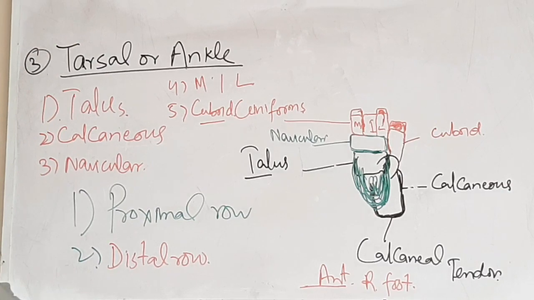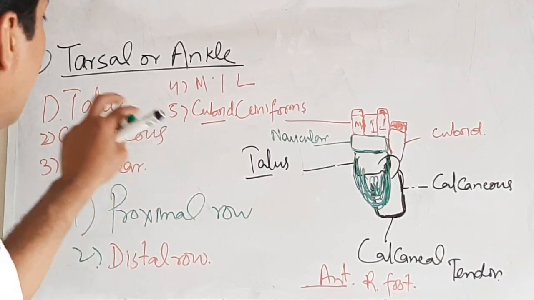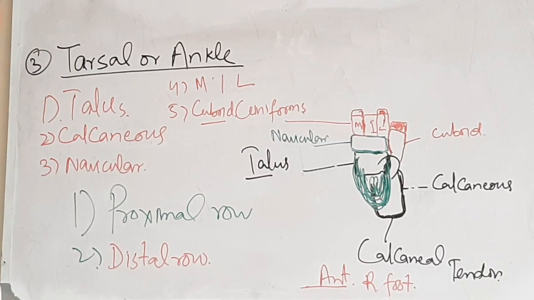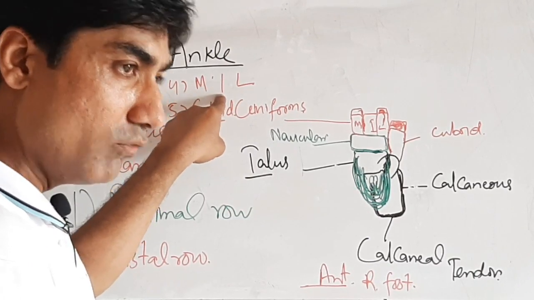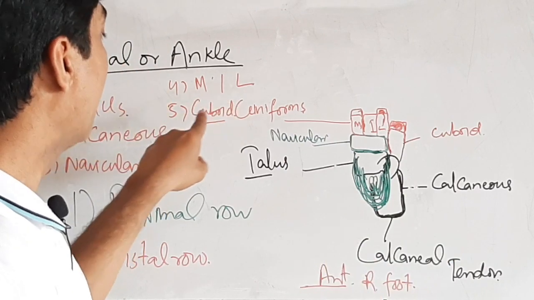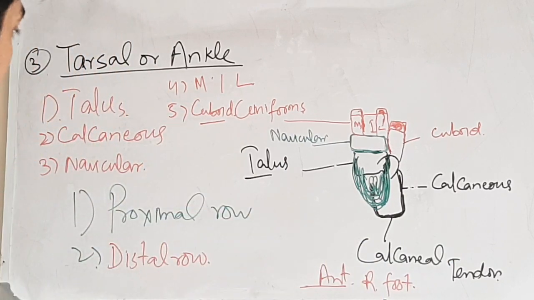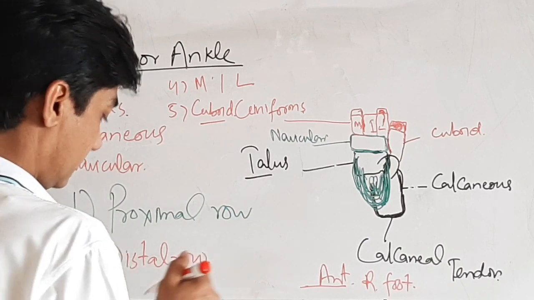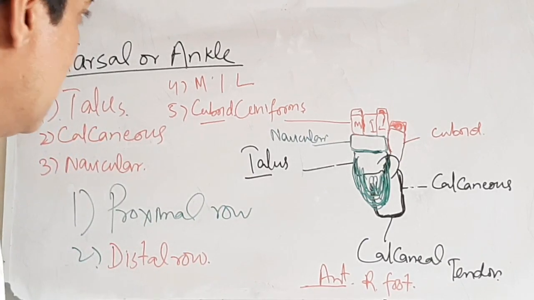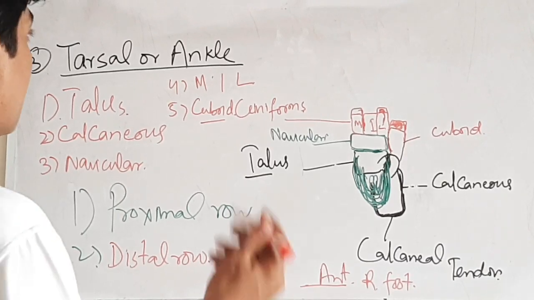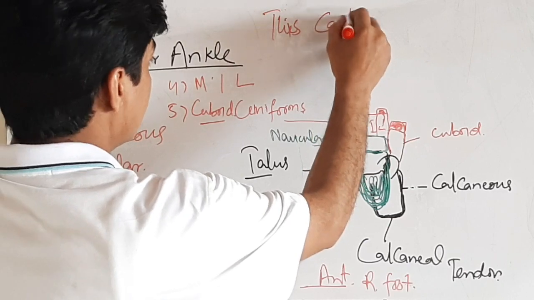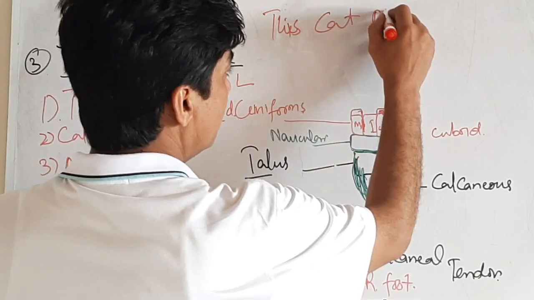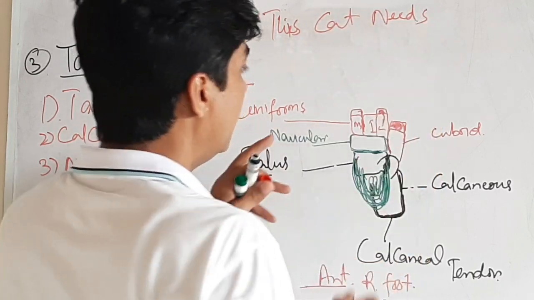Now we can remember these 7 bones of the tarsal region: talus, calcaneus, navicular, medial cuneiform, intermediate cuneiform, lateral cuneiform, and cuboid bone. That is how we can remember: this cat needs milk.